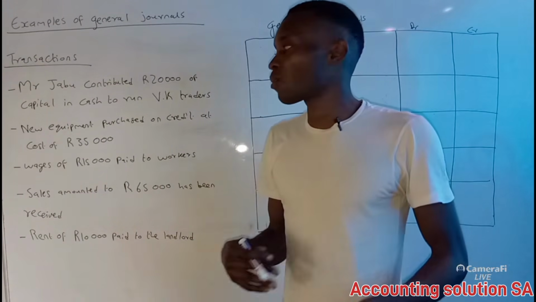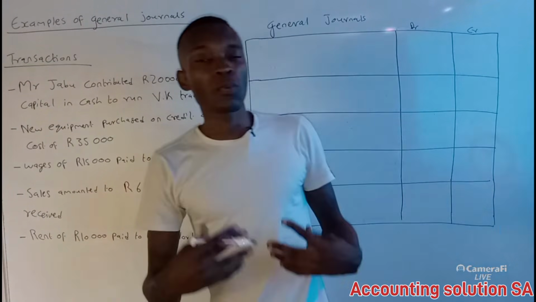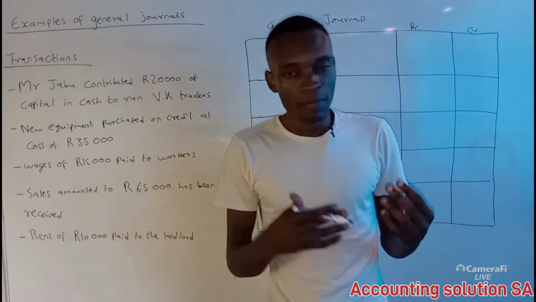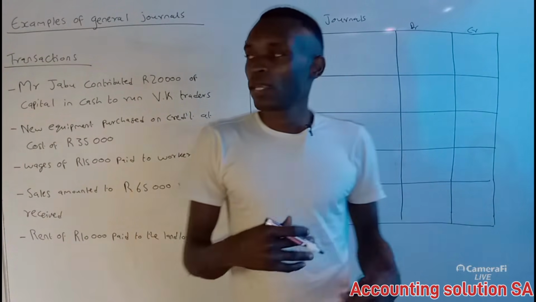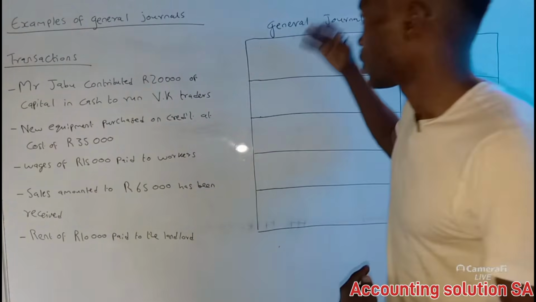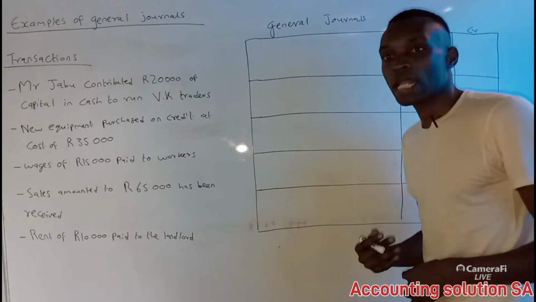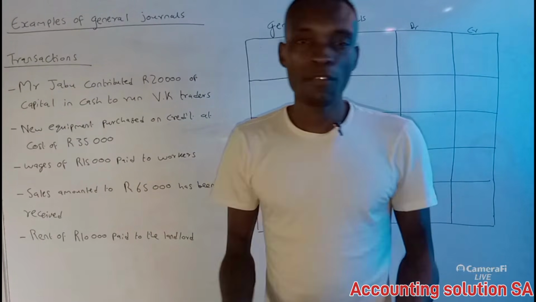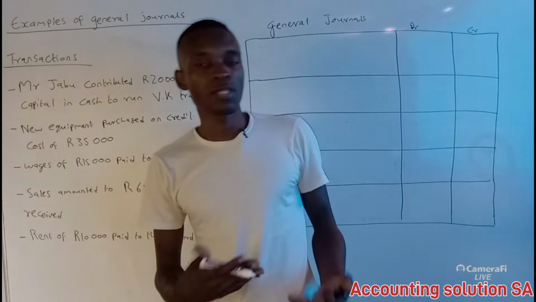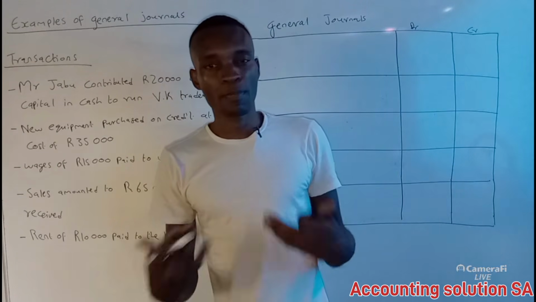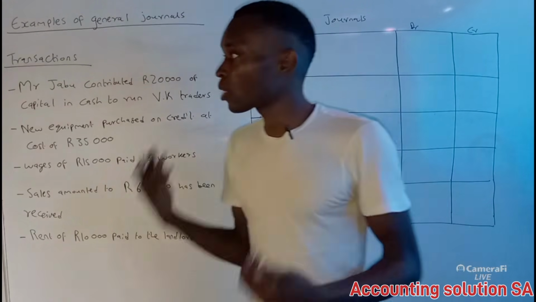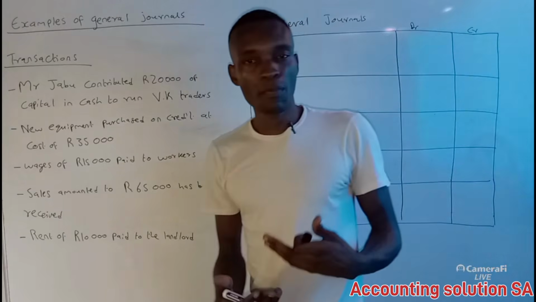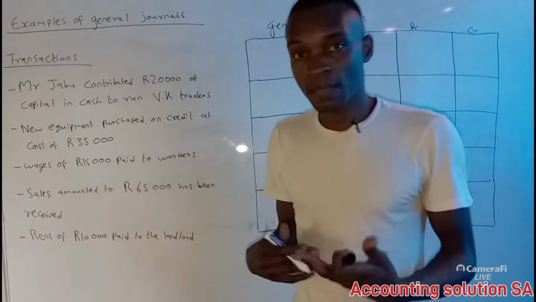So by the end of this video, obviously you will be able to identify each and every transaction that you might face, so that you can prepare your general journal, because the principles are still the same. Okay, so if you know what is accounting equation, or if you know how to prepare accounting equation, this also can be simple for you because the principle along the way is the same.